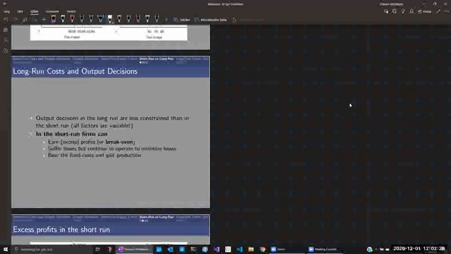So in the long run, the output decisions are somehow different. Remember that the difference between the short run and the long run was that in the short run, some factors were fixed, so that we could change the level of output by only playing around with the variable factors.